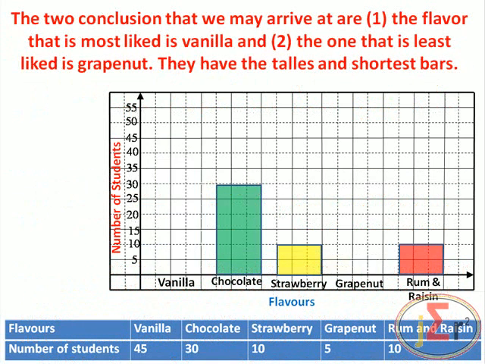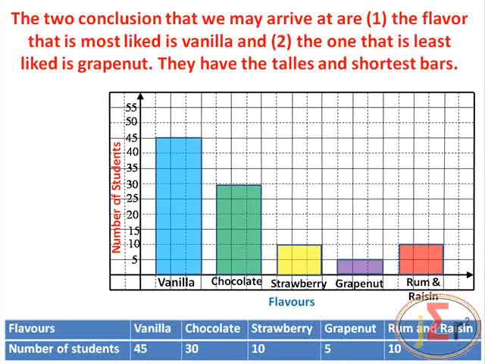Do not forget the statement of the problem that requested us to arrive at two conclusions. The two conclusions that we may arrive at are: one, the flavor that is most liked is vanilla, and the second conclusion is that the one that is least liked is grape nut.